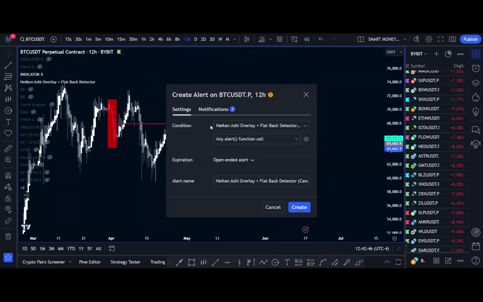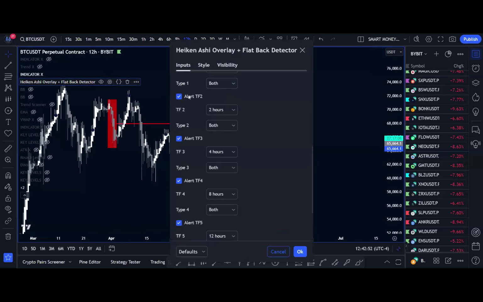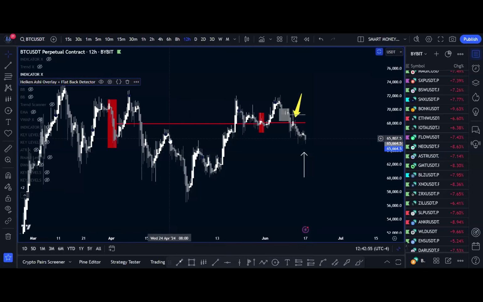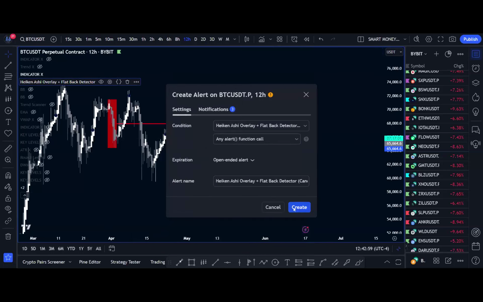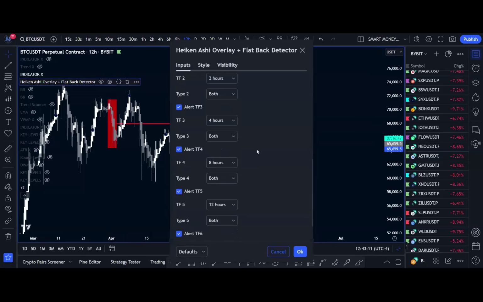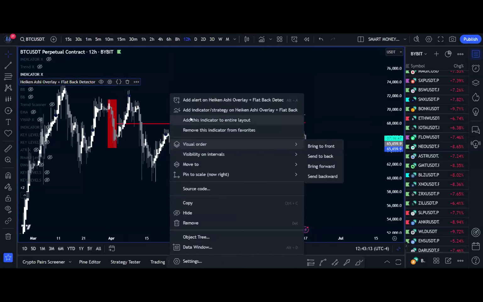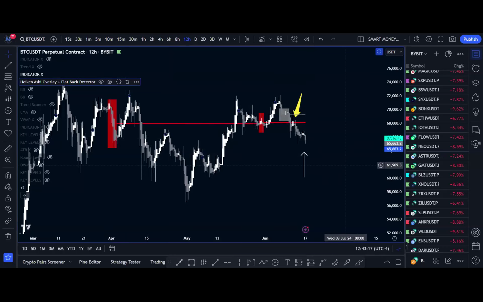So once you've set all these settings correctly the way you want them, you right click on the candle and say add alert on a Heiken Ashi candle, and then you click create. It'll say any alert function here, and those alert functions will be based on the settings you had over here. But you have to right click and click add alert for it to work, and then click create, and it will work.